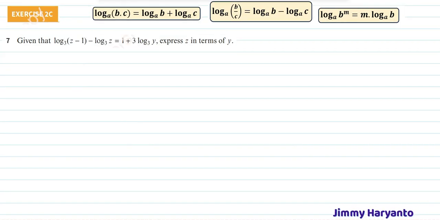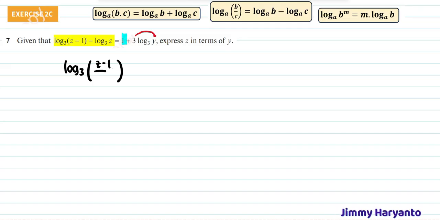For question 7, I think we can combine this using the division rules, and then later I will change this one into log 3, and then I want to move this 3 to the back. So you have logarithm 3, and then open brackets, z minus 1 at the top divided by, why is it divided by?